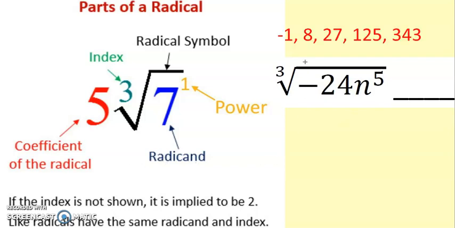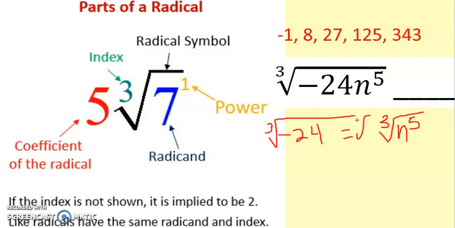So looking back from before, we want to try to take these numbers out. These perfect cubes. And we're going to separate the n and the coefficient again. So we can take out a cube root of negative 1.